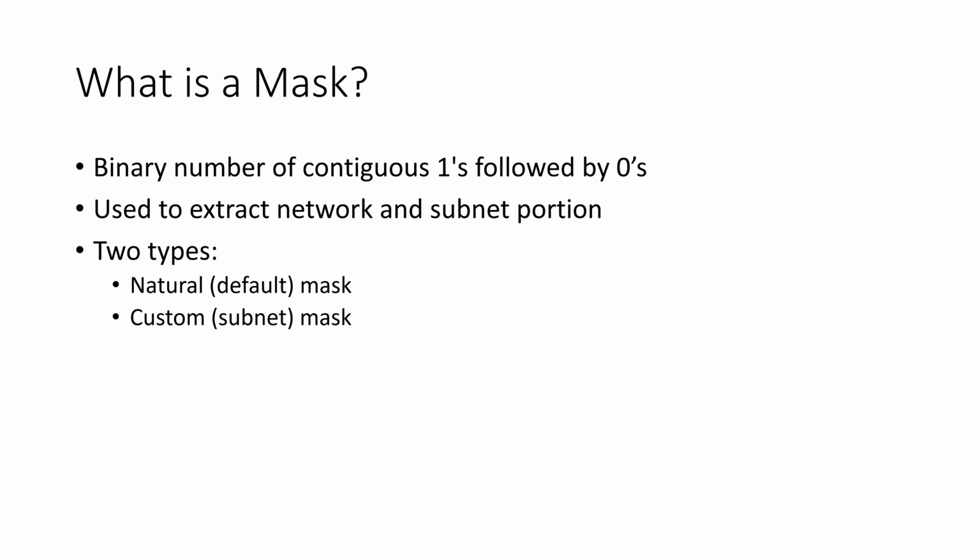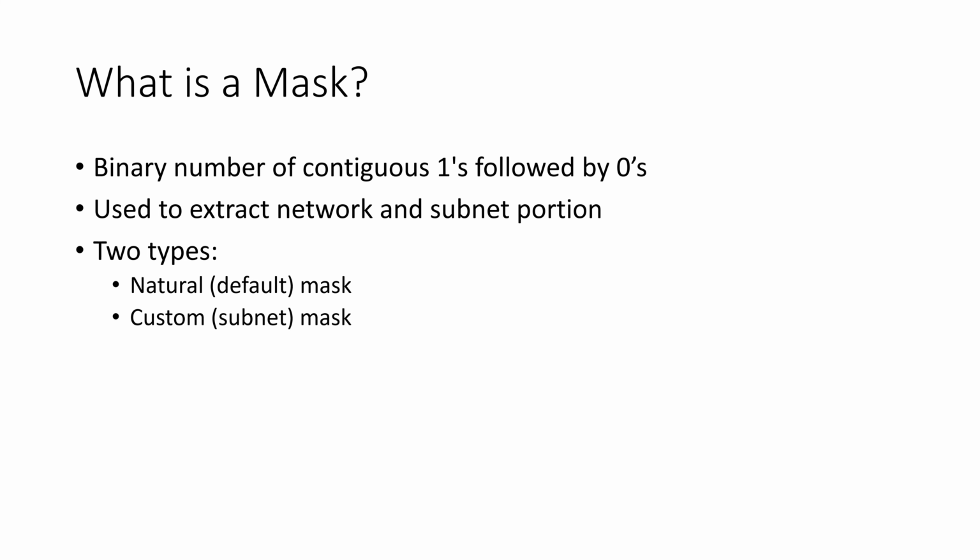Now, to make subnetting work, we need something called a mask. A mask is essentially a 32-bit binary number made up of a series of ones followed by a series of zeros. The ones represent the part of the address reserved for the network and the subnet portion, and the zeros represent the host portion. So there are two types of masks. One is a natural mask.